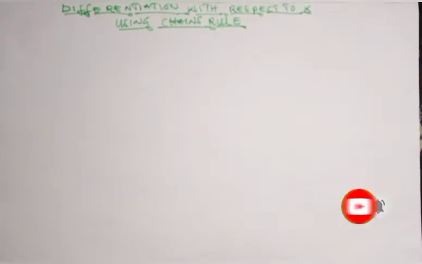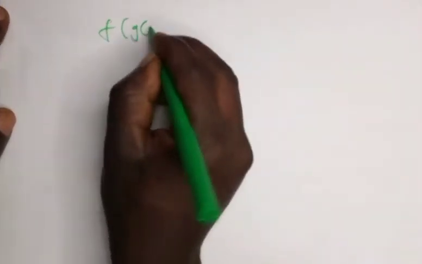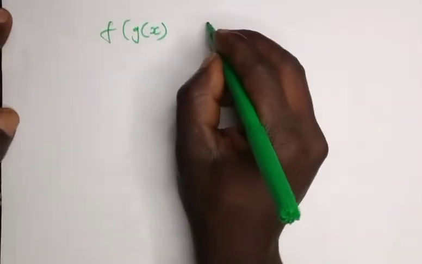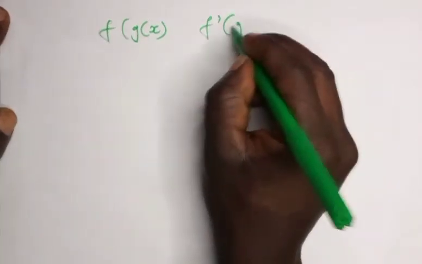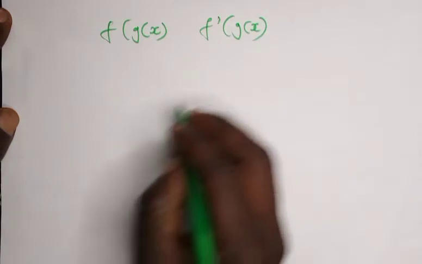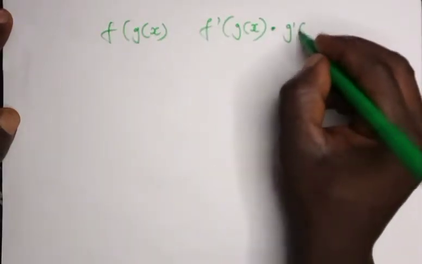And today we are looking at differentiation with respect to x using the chain rule. The chain rule states that the derivative of f of g of x is the derivative of f evaluated at g of x, multiplied by the derivative of g of x.